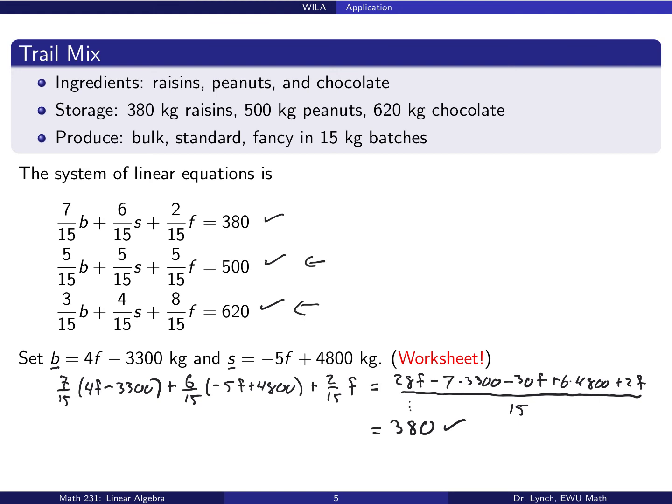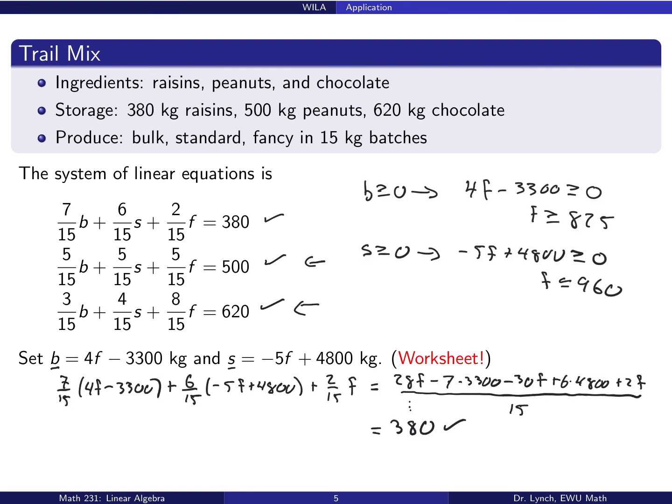Now, I want to point out that an important feature of this system is that our bulk, standard, and fancy amounts are non-negative, right? It wouldn't make sense to have a negative amount of stuff. So we'll apply that restriction and see what that means. In this case, the requirement that the amount of bulk be non-negative implies that the amount of fancy is greater than or equal to 825 kilograms.